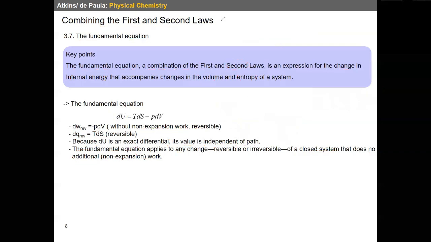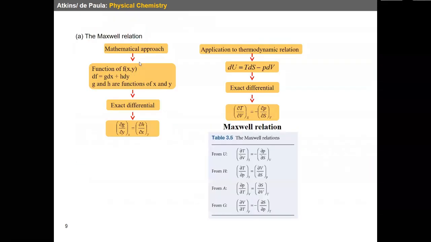We will further extend this concept to the Maxwell relations. I don't expect you to understand all of this mathematics; it is just for your information.